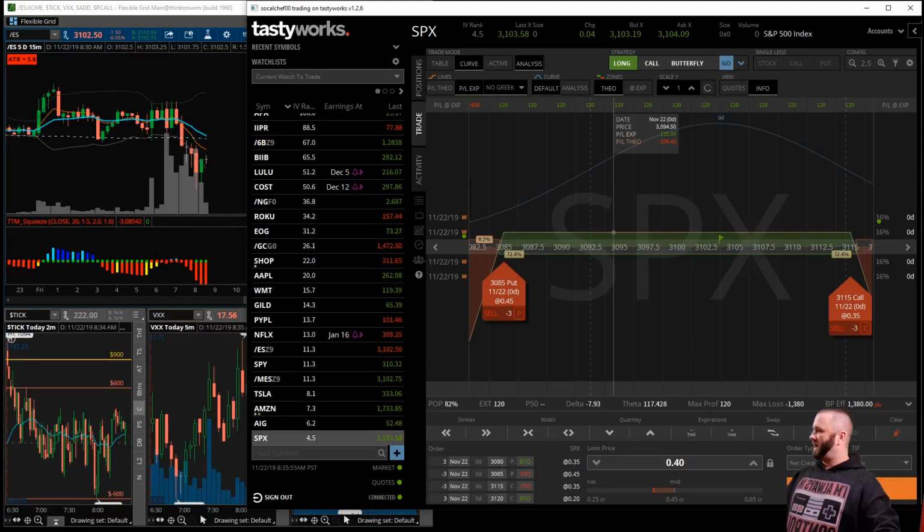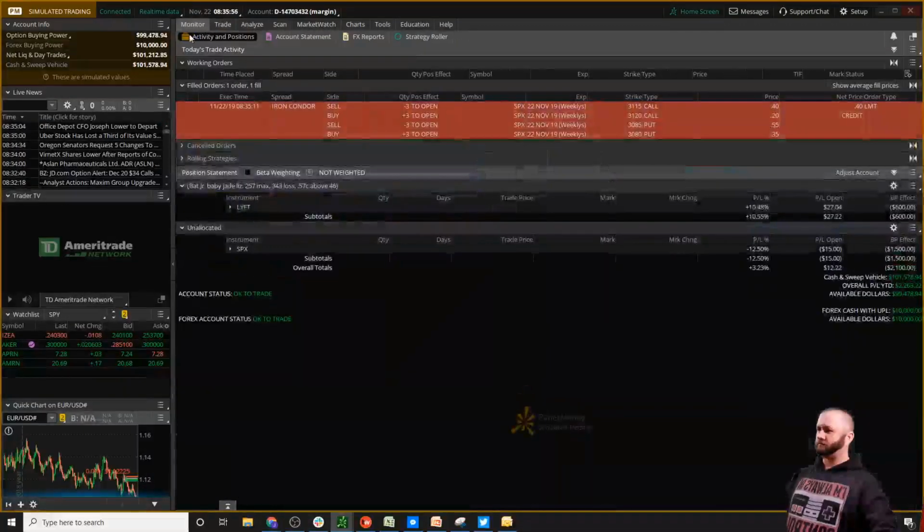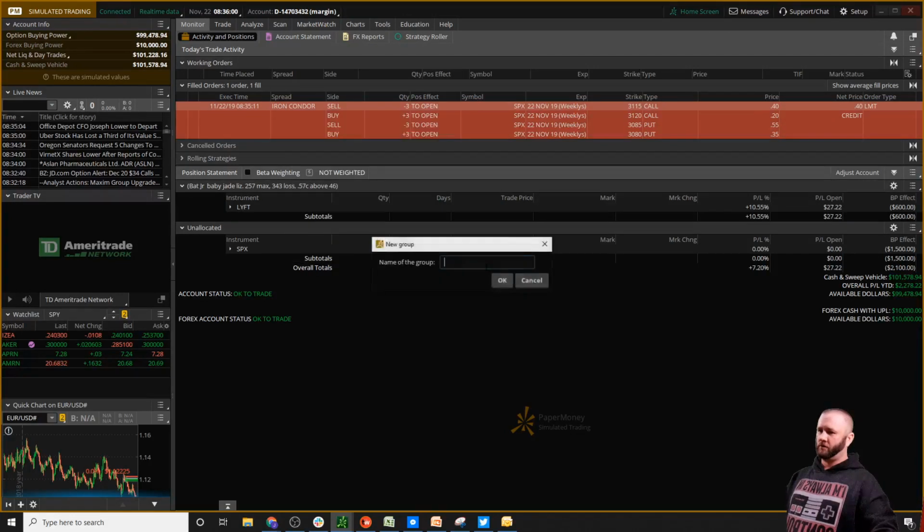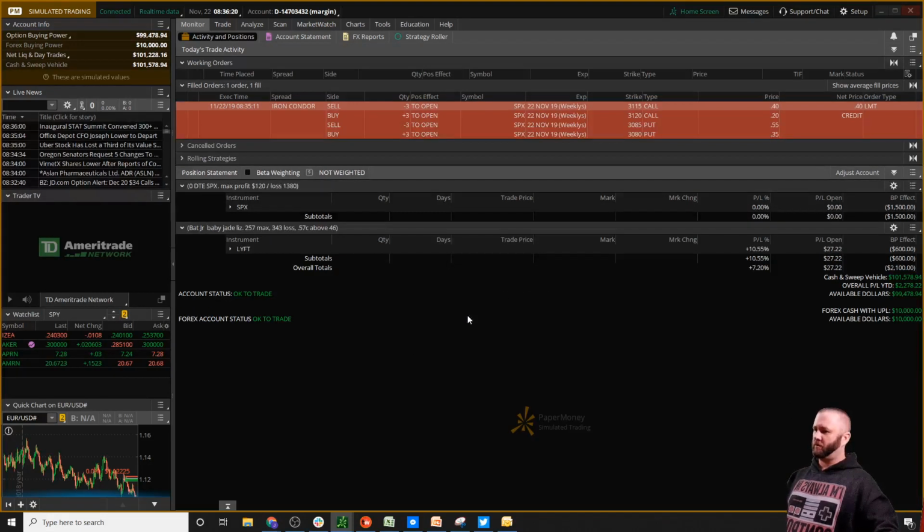So back over here, here is this trade. We're going to put it in a group so that we can see it. 0 DTE SPX, right? Max profit is, what did I get filled? 40 cents. So 120. I did do 3 contracts, right? Max profit 120, loss is 1380, just so we can remember, right?